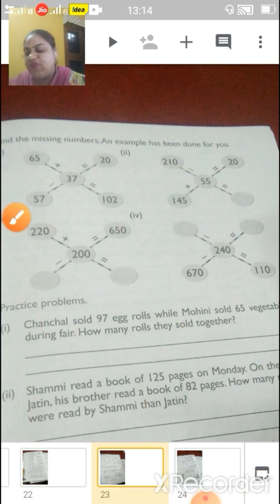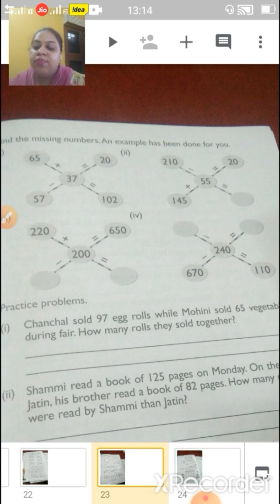In the next, Shammi read a book 125 pages on Monday. On the same day, Jatin, his brother, read a book of 82 pages. How many more pages Shammi than Jatin? Jatin read 82 pages and Shammi read 125. So here 125 minus 82, what will come?